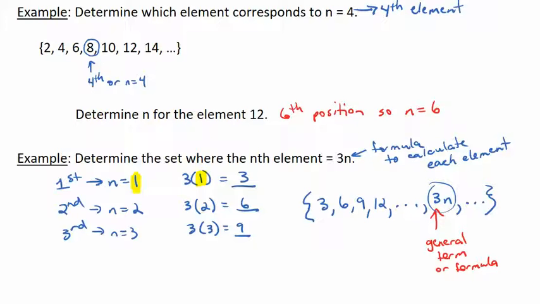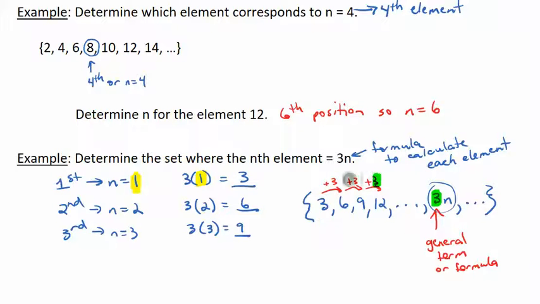Now, another observation about this particular set is they're evenly spaced elements. You add 3 over and over and over again to get the elements. And that's why eventually the general formula is multiplication by 3, because you're adding 3 multiple times, which is the same thing as multiplying increasing numbers by 3.